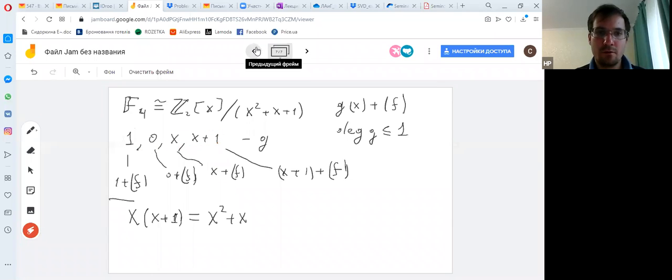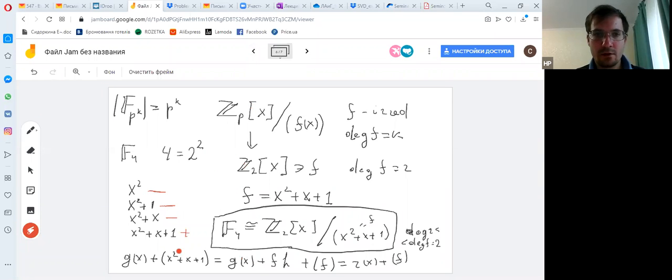Let me remind from the previous frame that the class of g is equal to the class of g plus fh, and the simplest element is the remainder of division of g by f.